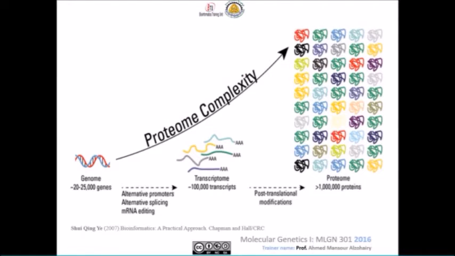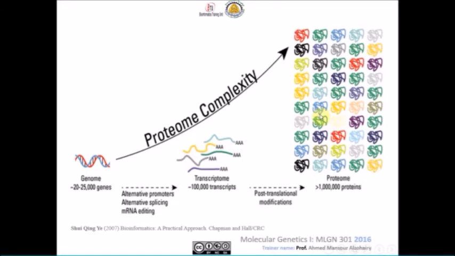Of course, as we see, the complexity could be increased. The genome contains from 20 to 25 thousand genes, and we have studied alternative promoters before, and alternative promoters can generate more than 100,000 transcripts, and then post-translational modification can contribute to over 1 million different proteins.